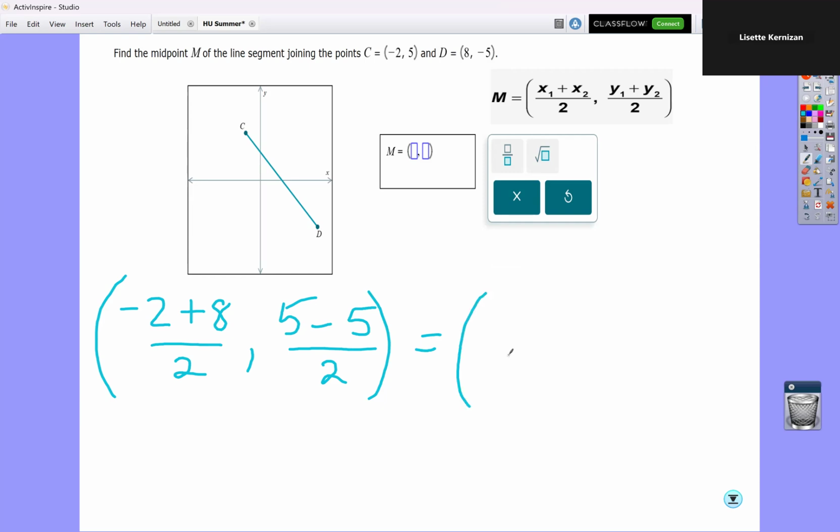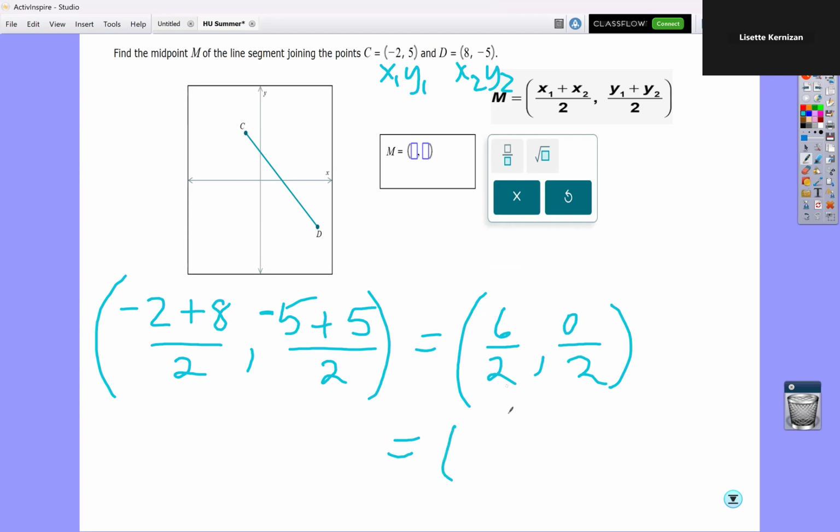So -2 plus 8 is 6 divided by 2, and 5 minus 5 is 0 over 2.